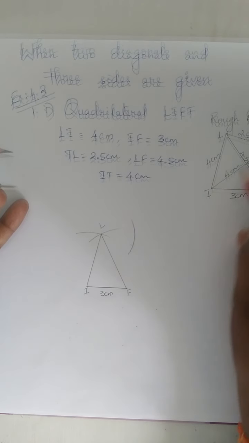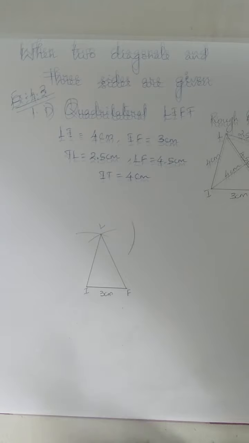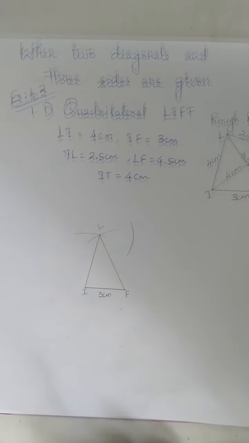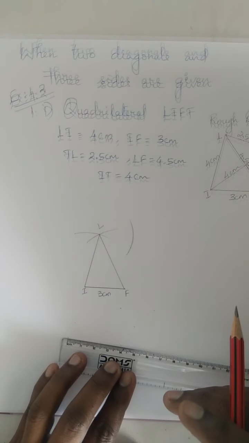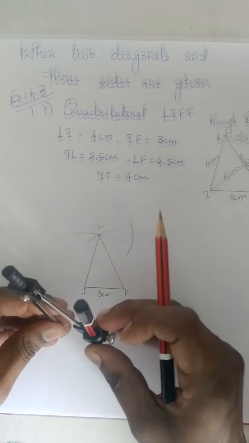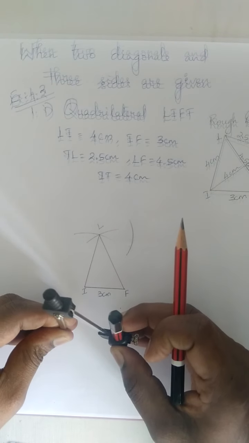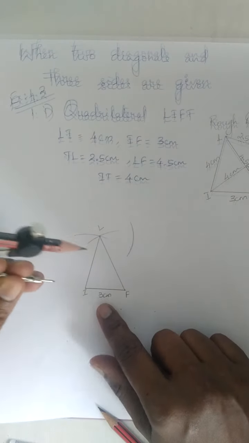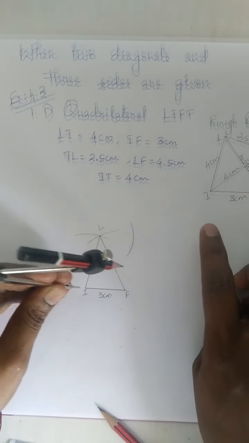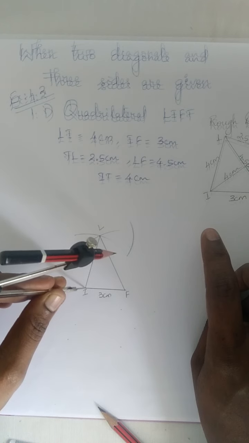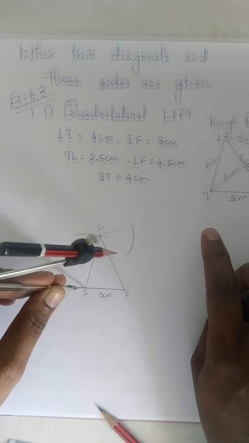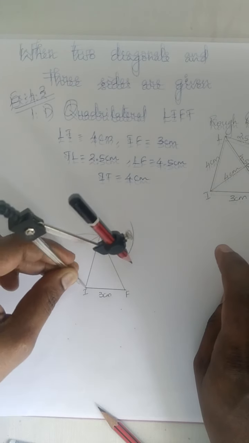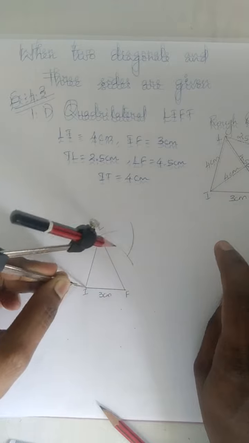IT is 4 centimeter. So let's measure 4 centimeter. And from where do you make this arc? From I. You keep the pointer of the compass on I and make an arc.